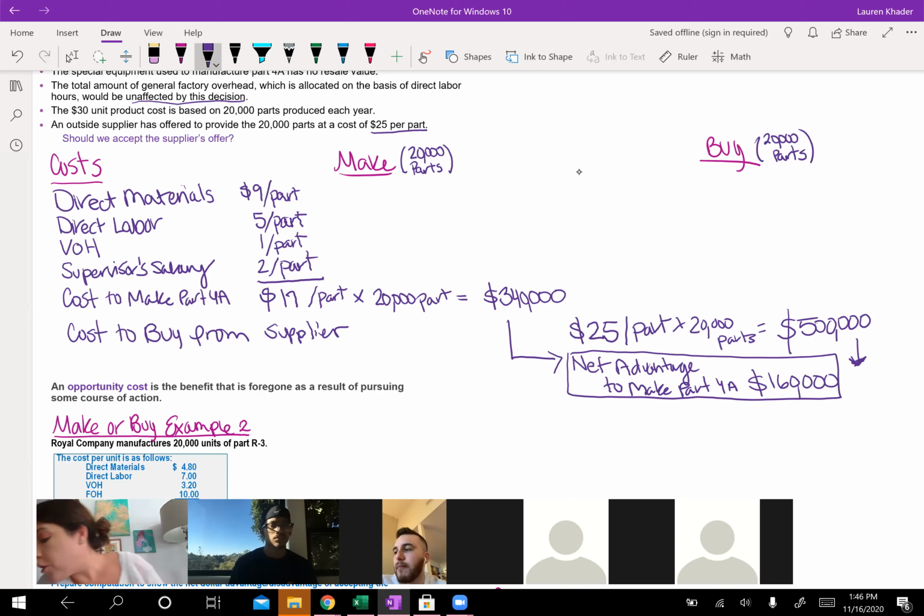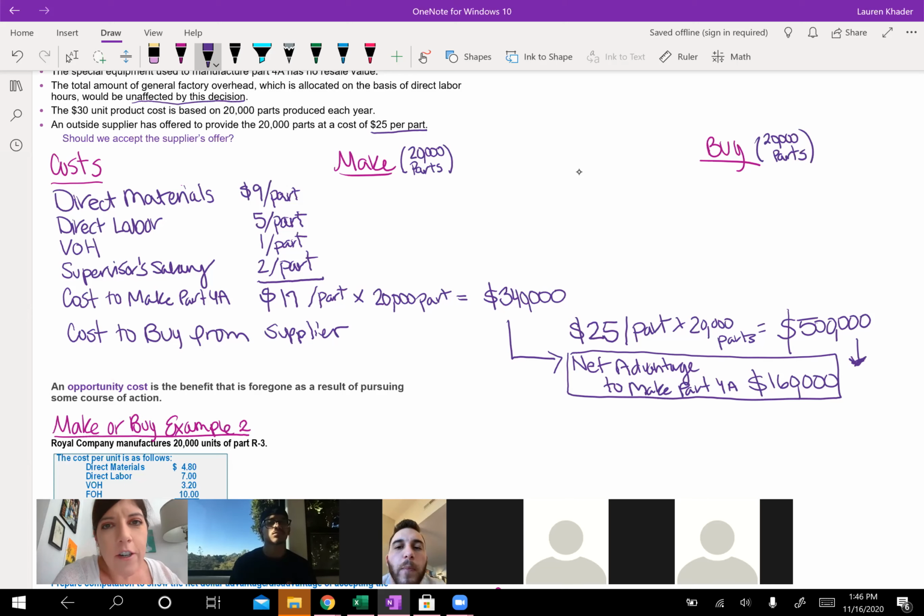So an opportunity cost, you may be familiar with that term from economics, right? From an accounting perspective, especially from financial accounting, it's not something that we find in our accounting records because it's not an amount that we actually earn at this point in time. An opportunity cost is a benefit that's given up by pursuing one decision over another.